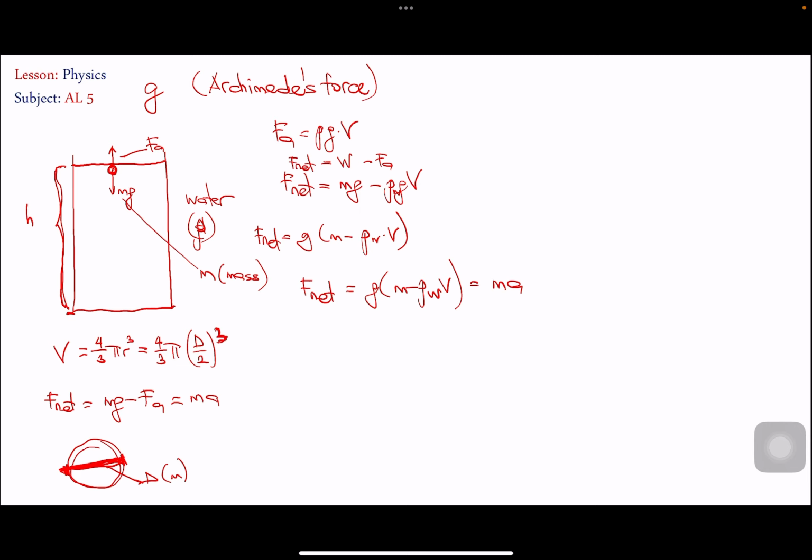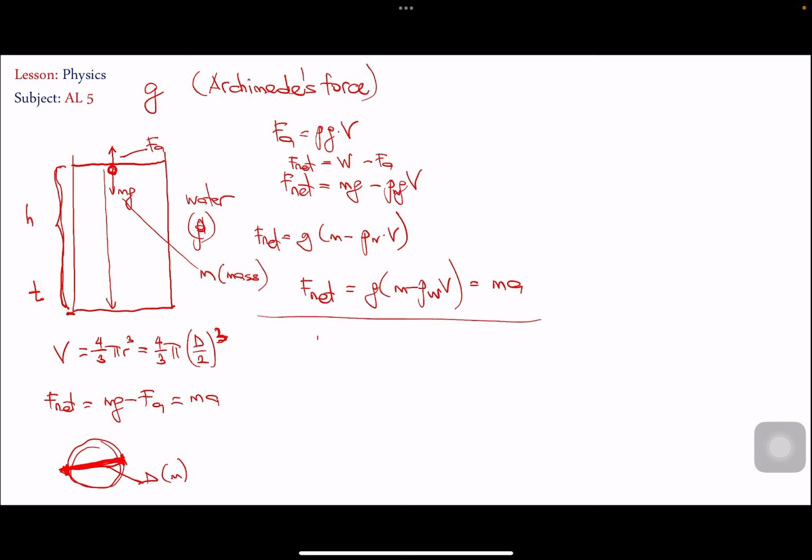How can you find the acceleration? Of course, you have to measure the time when it hits the bottom here. When you have the time, you may find the acceleration.